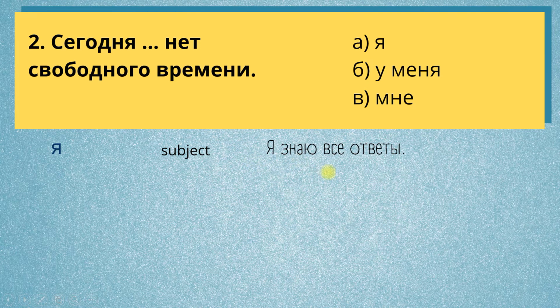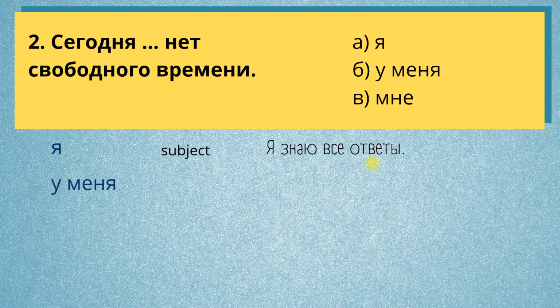Я знаю все ответы. Я, and I need to do something in this sentence. Myself, I know all the answers. Я you would never have in any other cases.